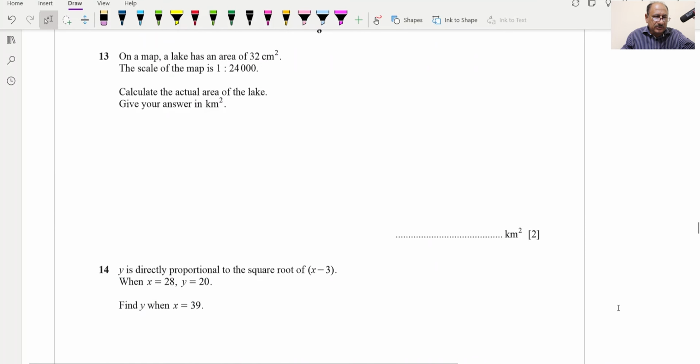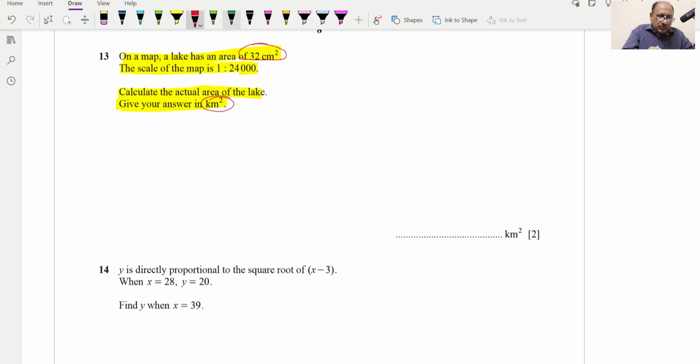Question number 13 says, on a map a lake has an area of 32 centimeters square. The scale of the map is provided. Calculate the actual area of the lake. Give your answer in kilometers square. This is also important, that we need kilometers square, whereas area is provided in centimeters square.